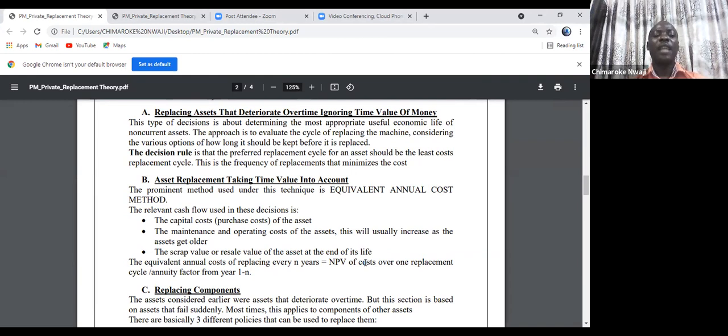The relevant cash flow used in these decisions is, one, the capital cost. The capital cost is the purchase cost of the asset, so one of the relevant costs is how much you bought the asset for. Then we're going to consider the maintenance or operating cost of the asset.